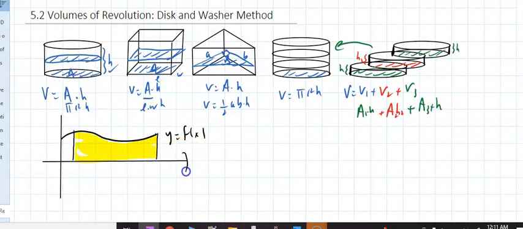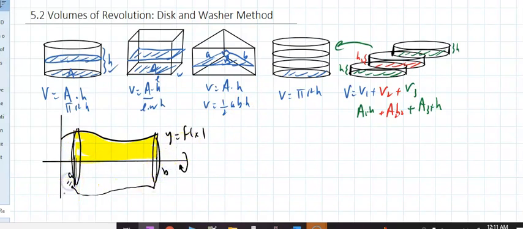And if I rotate that about the x-axis, what would happen? It'll create an identical copy that would look something like this, and it'll generate the following solid.